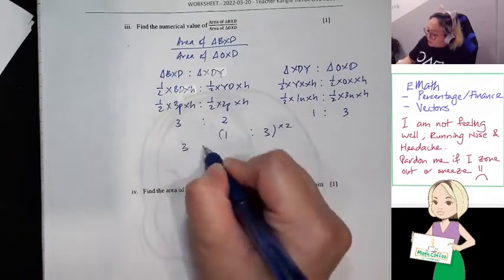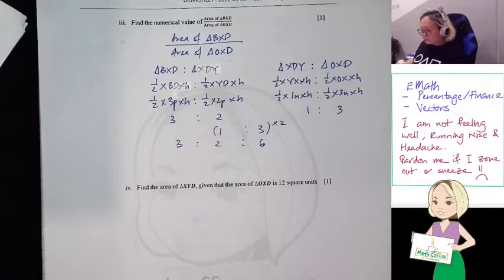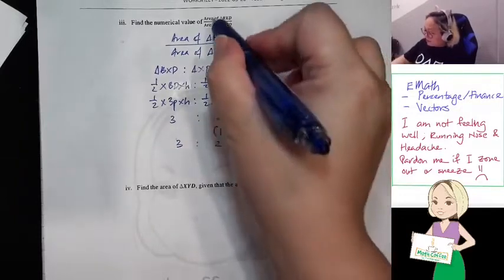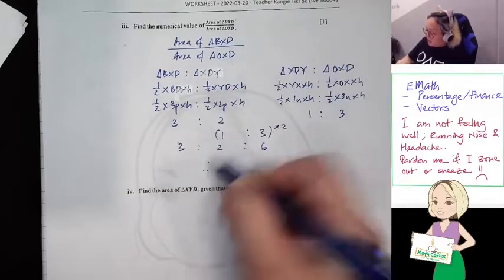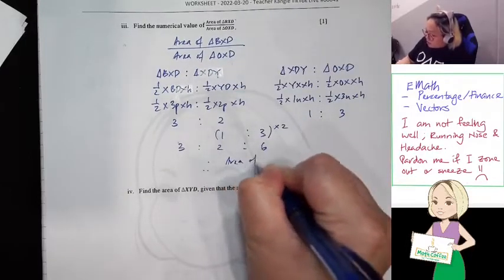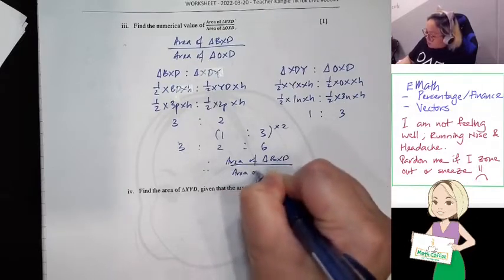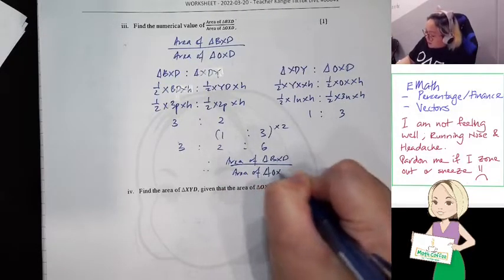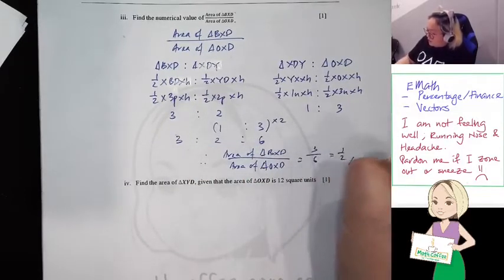So I get 3:2:6. Therefore, area of triangle BXD over area of OXD is 3/6, which is half. Done.